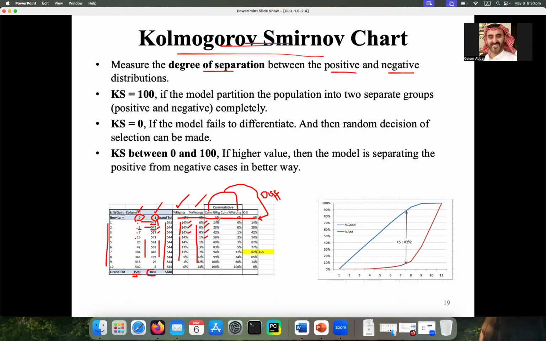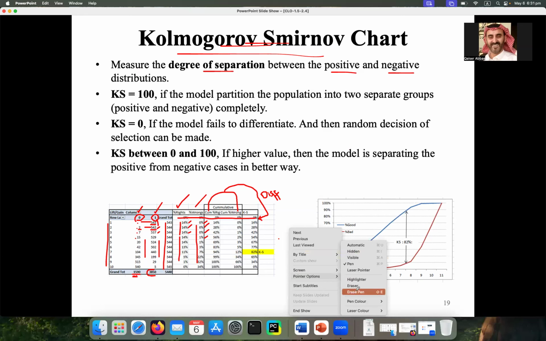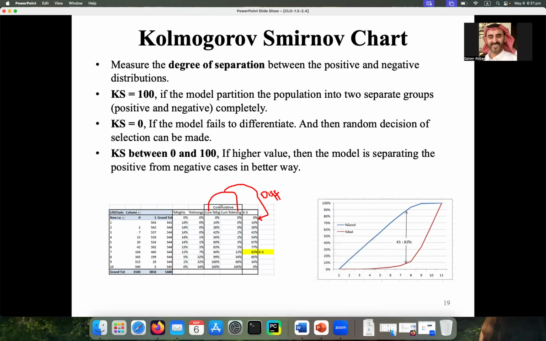And after that, if I remove this drawing, now how are we getting these cumulatives? Cumulative percentage of this right class and cumulative percentage of this wrong class. That is easy. Leave this first because this is just an error.